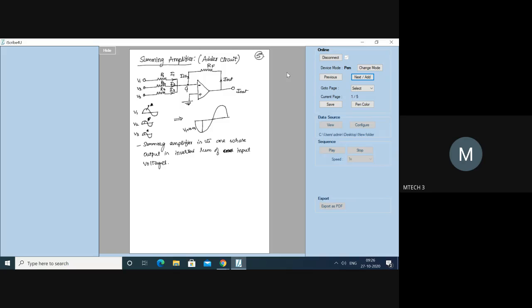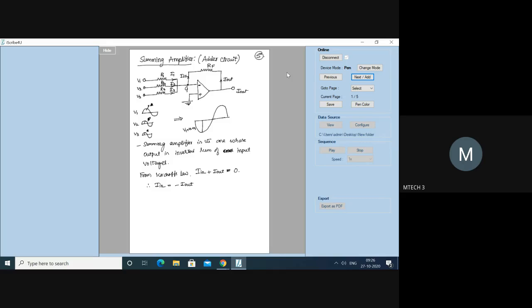Okay. So from Kirchhoff's law, what is I in plus I out will be equal to at this point? 0. Therefore, I in will be equal to minus I out.